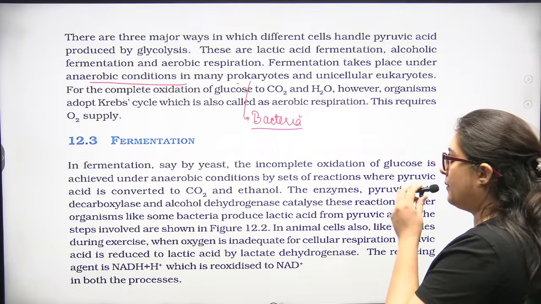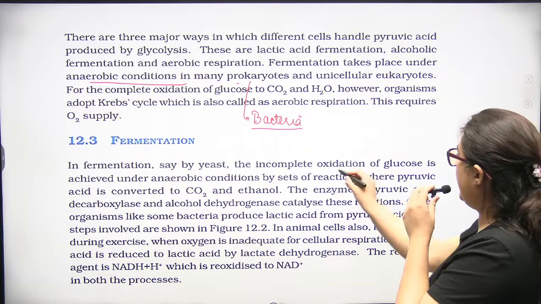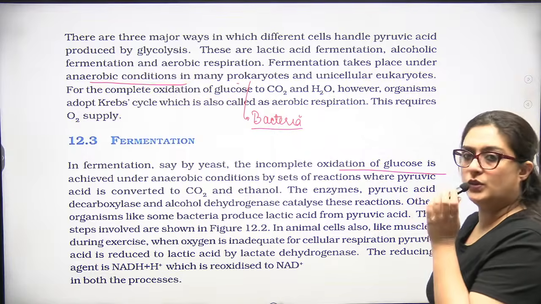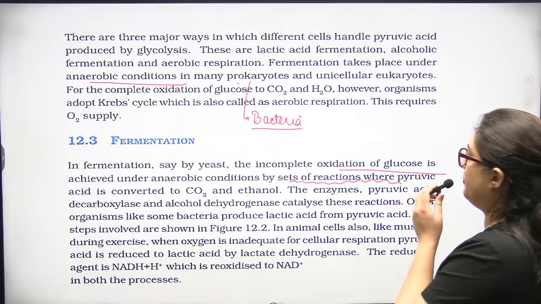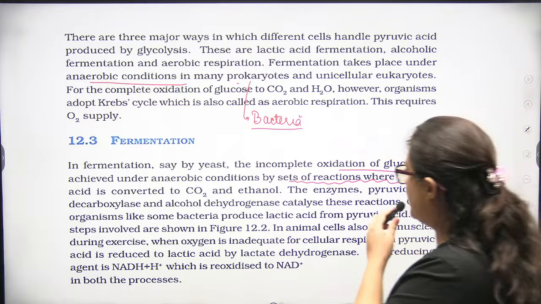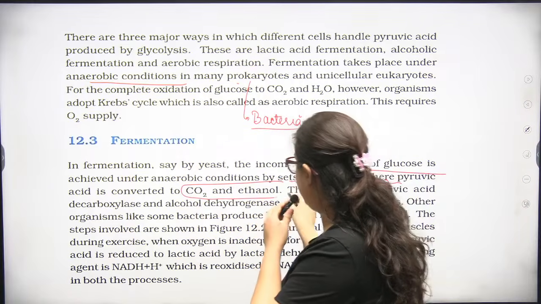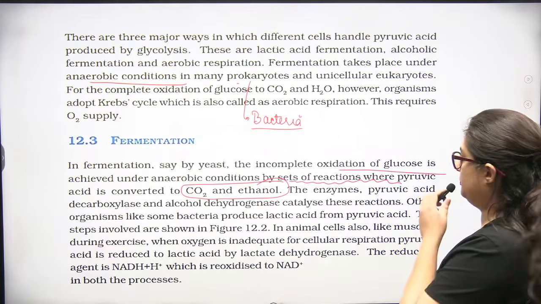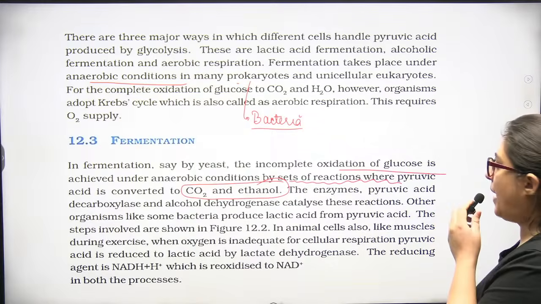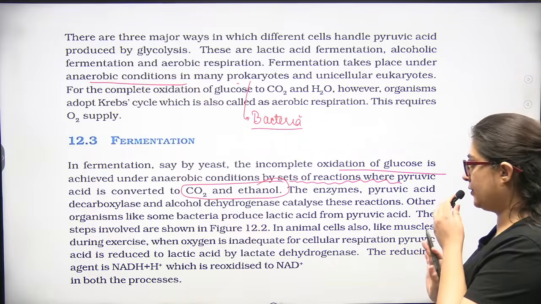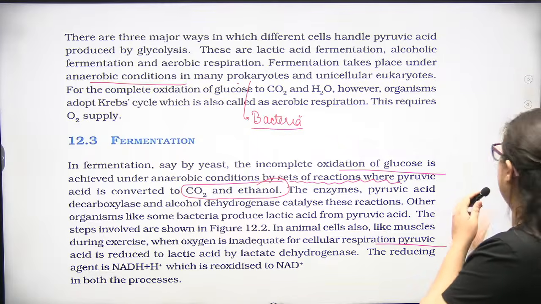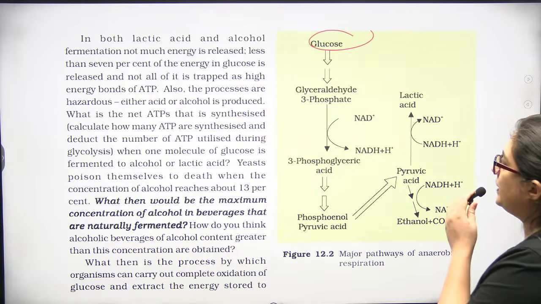In fermentation, say by yeast, the incomplete oxidation of glucose is achieved under anaerobic conditions by sets of reactions where pyruvic acid is converted to CO2 and ethanol. The enzymes pyruvic acid decarboxylase and alcohol dehydrogenase catalyze these reactions.